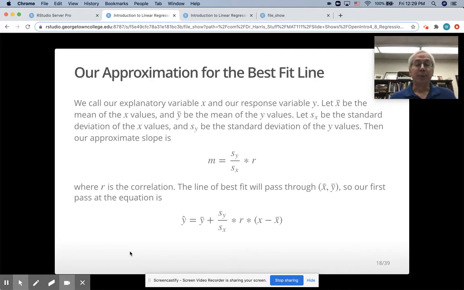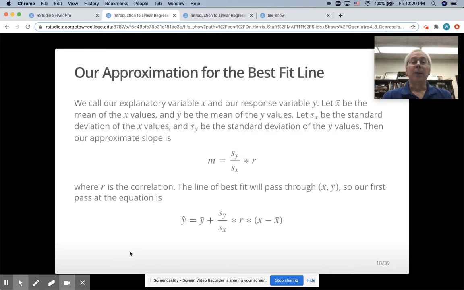Here we are. This is what we do. So the slope is going to be the standard deviation of the y values, the response values, divided by the standard deviation of the x, the explanatory variable, times the correlation. So it's the ratio of the standard deviation of response to standard deviation of explanatory times correlation.